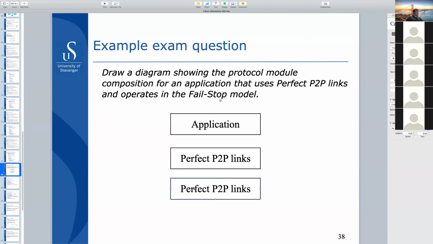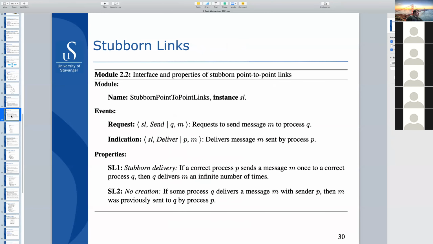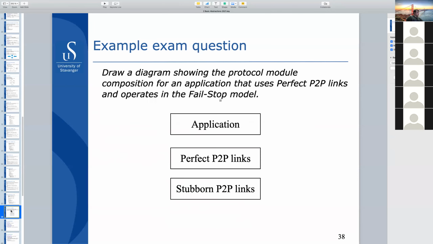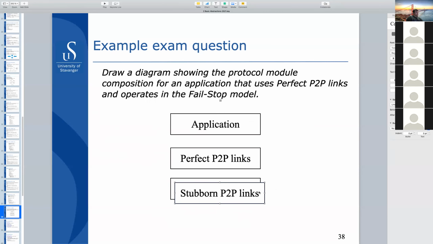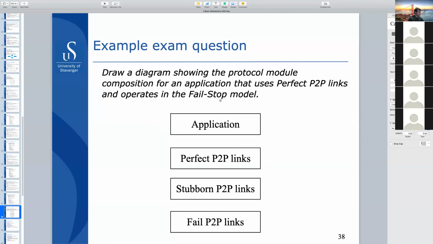And if we go to the stubborn P2P algorithm, it says here it uses fair loss point-to-point links. So you need to have one more level under this. So, fair loss.